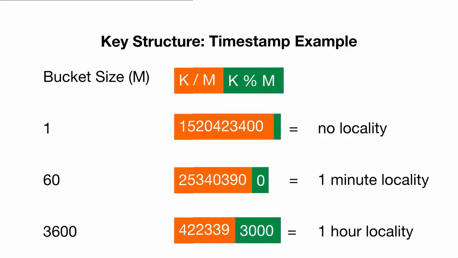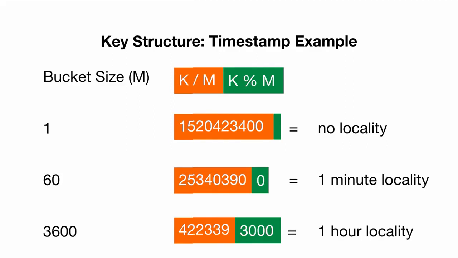So to walk you through how a couple of different choices of hash key give you different hotspotting and locality properties, let's say your timestamp is accurate to the second. If I made the entire timestamp go in my hash key, I would have no hotspotting because every second of data would live on a different shard, but I'd have no locality either.